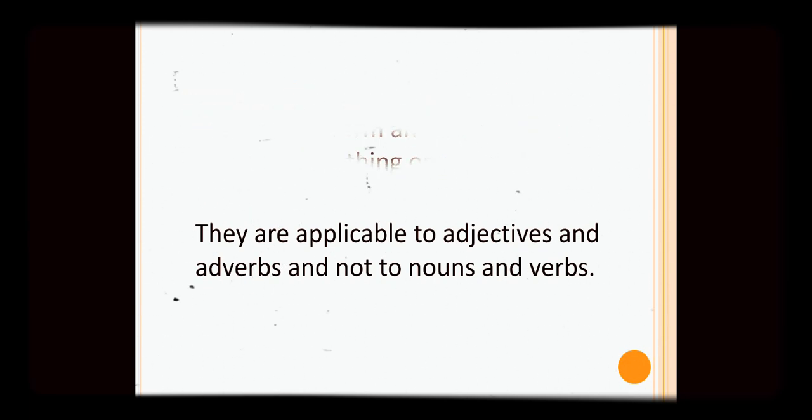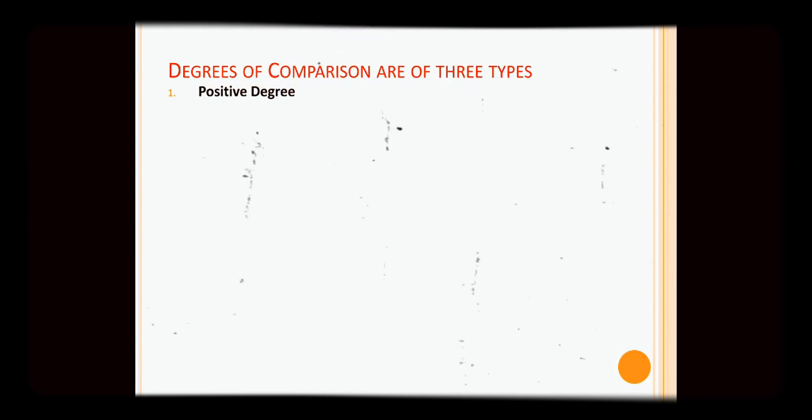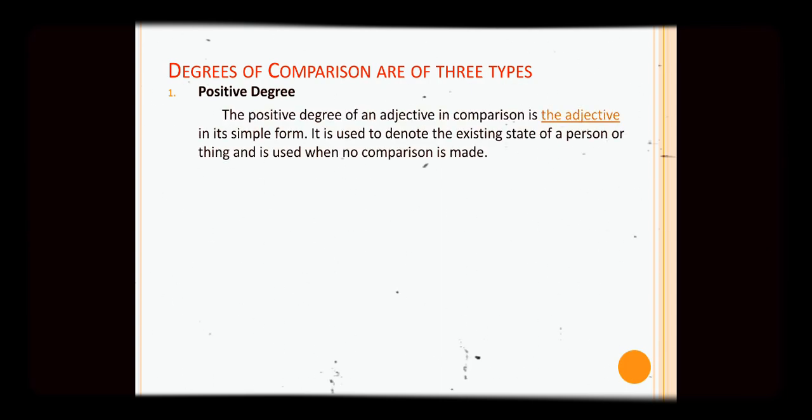In degrees of comparison, there are three types. First one is positive degree, second one is comparative degree, third one is superlative degree. So let us try to understand what is positive degree. The positive degree of an adjective in comparison is the adjective in its simple form.